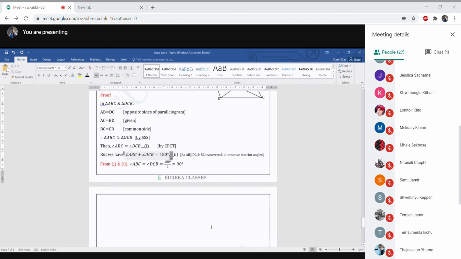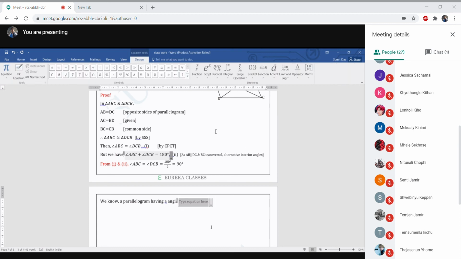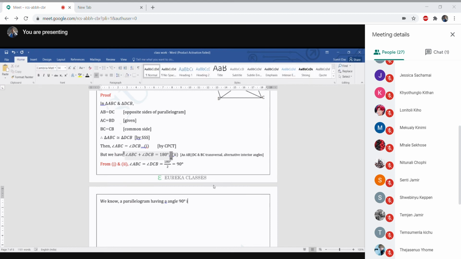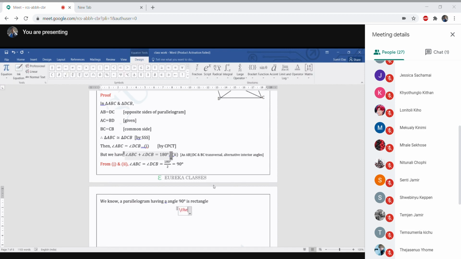We know a parallelogram having an angle of 90 degrees is a rectangle.